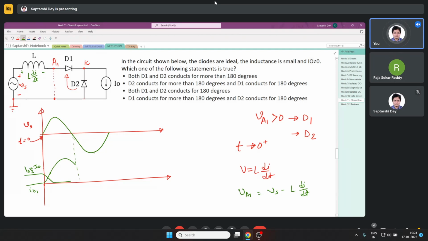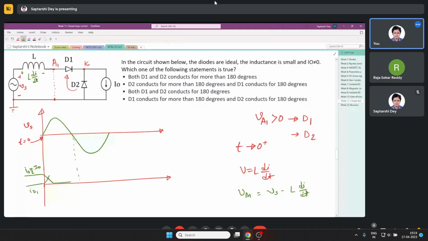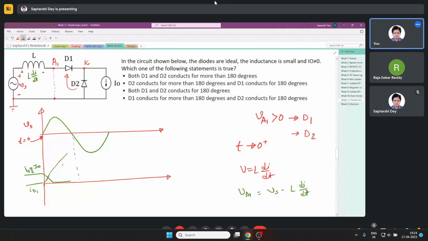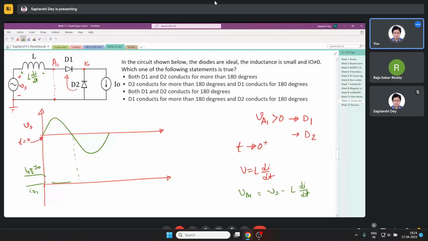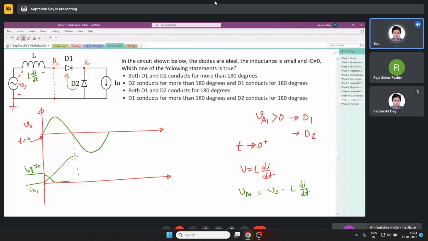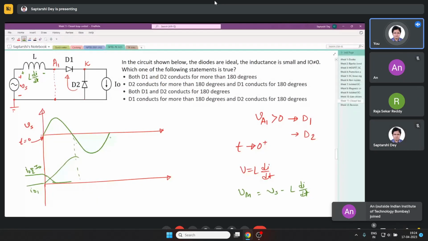Say if it comes like this, now the voltage is reducing. The current will keep increasing until here, because the voltage is positive throughout. So it will increase till here. Then it reduces.